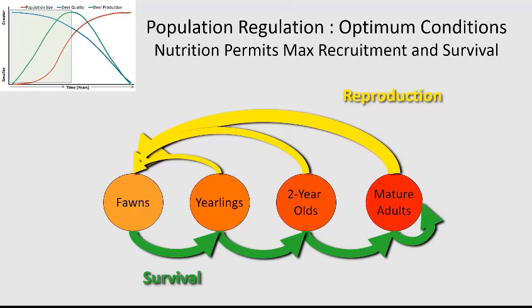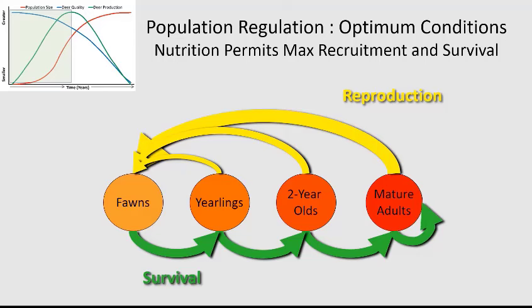So what's happening here, we have mature adults at the far right-hand side producing a lot of fawns, and that big yellow arrow going back is the production of fawns. Those fawns are surviving very well and turning into yearlings, one-year-old deer.